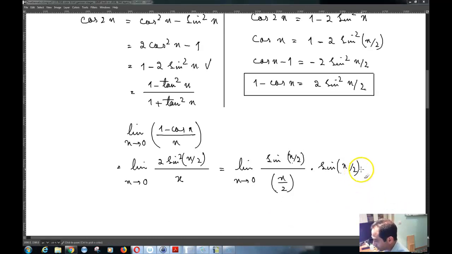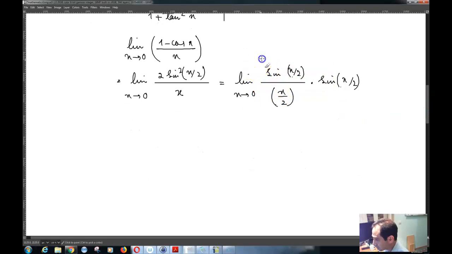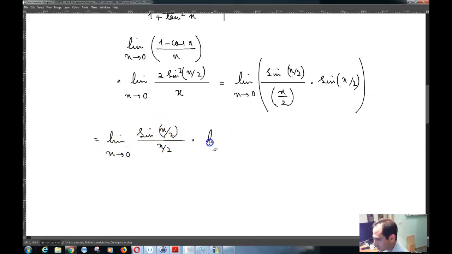And so now I can write the whole limit as the limit of sine x divided by 2 over x divided by 2 when x tends to 0, times the limit of sine x divided by 2 as x tends to 0.